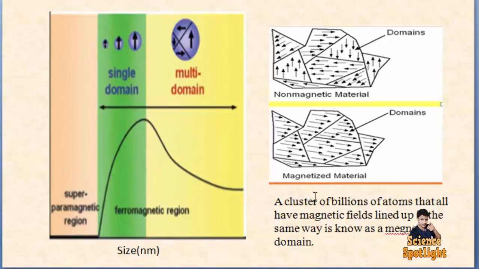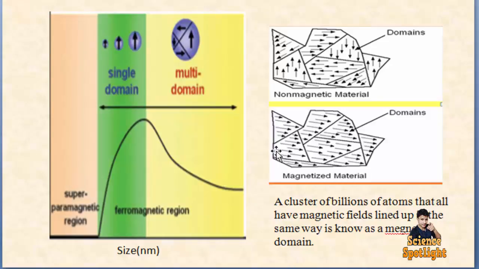A domain means a region of a magnetic material or magnetic element, a cluster of billions of atoms that all have magnetic fields lined up in the same way, known as a magnetic domain.